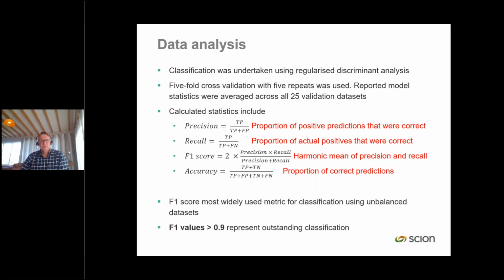The F1 score is the most widely used metric for classification using unbalanced data sets, and our data set was unbalanced because we had 51 Myrtle Rust plants and 30 controls. And it's worth noting going forward that F1 values greater than 0.9 represent outstanding classification.